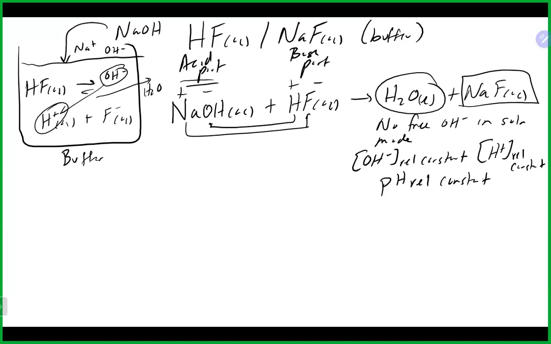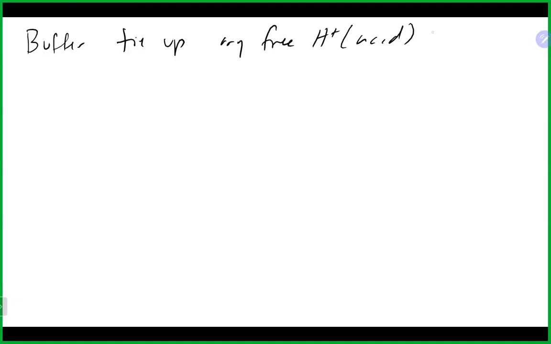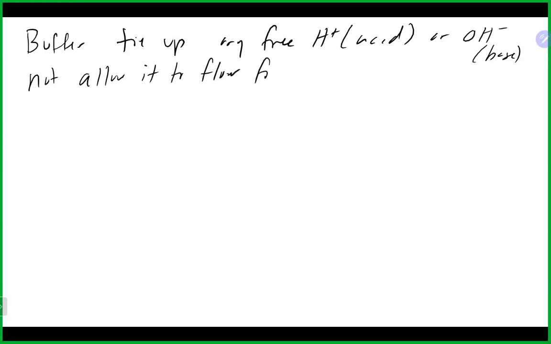And because it has an acid part and a base part, when you add additional acid or additional base to it, pretty much your buffer will be able to tie up any free H plus from an acid or OH minus from a base and not allow it to flow freely in the solution.